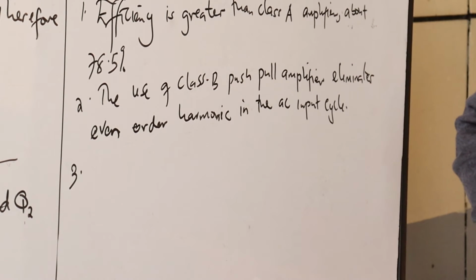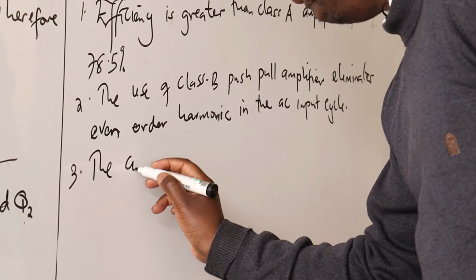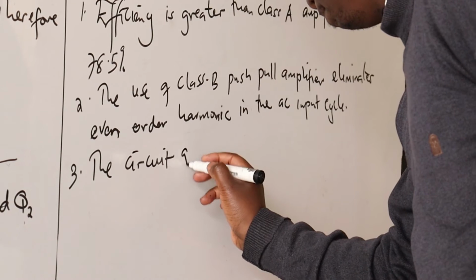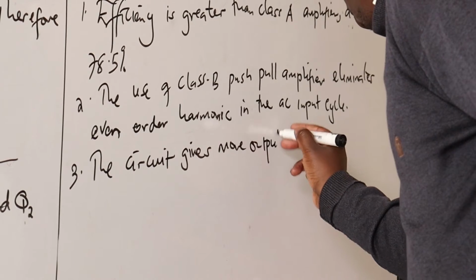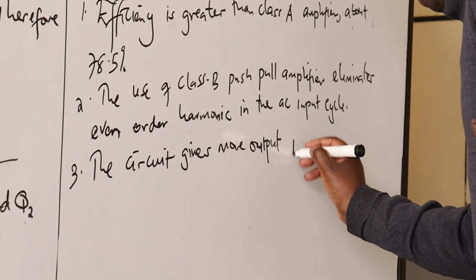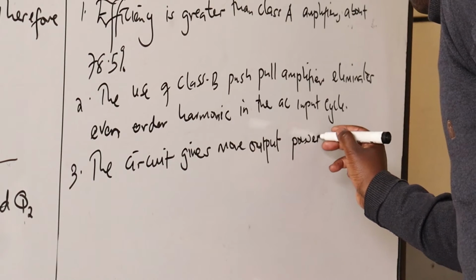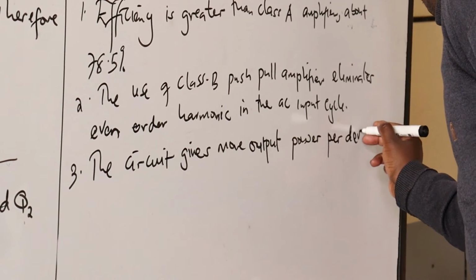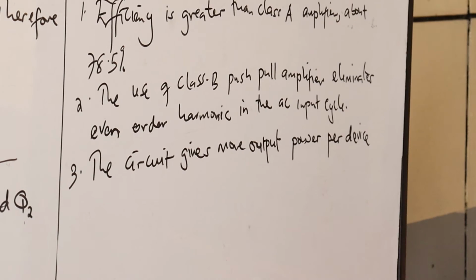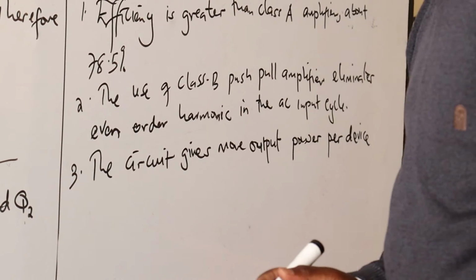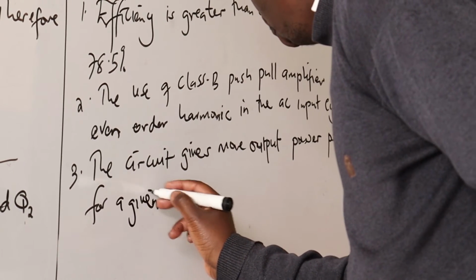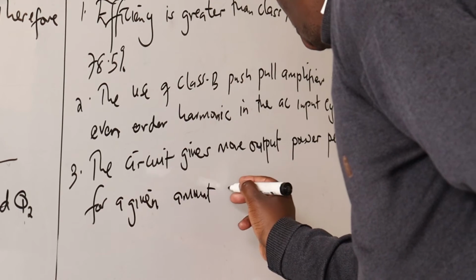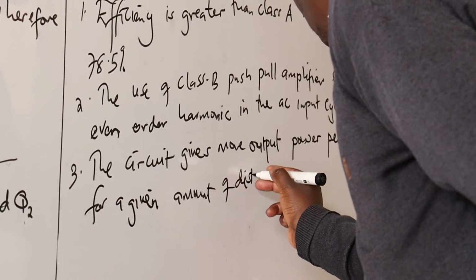Number 3, the circuit gives more output power per device for a given amount of distortion.